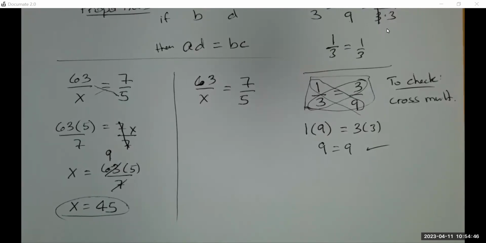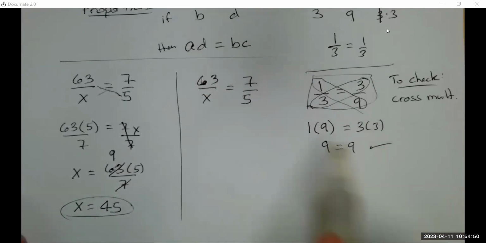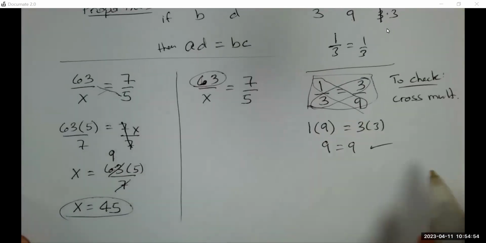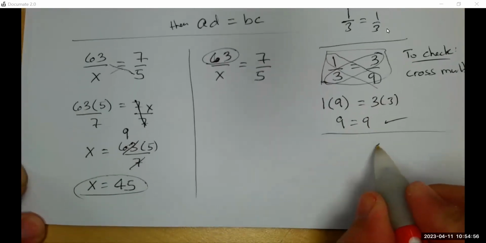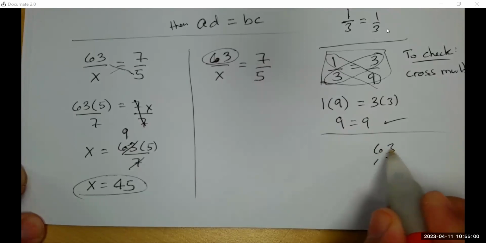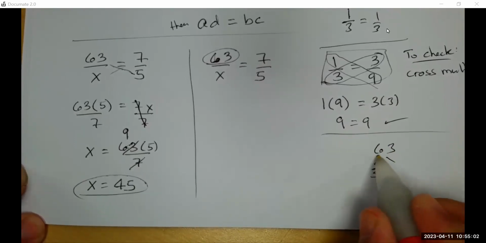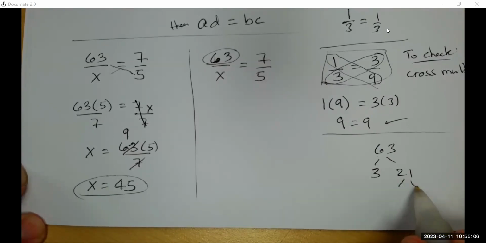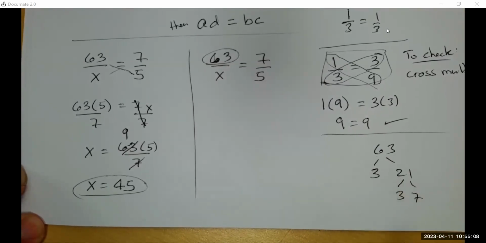There's another way you could have done it. Before you do anything, what is 63 made up of? We know 3 goes in there 21 times. 21 is made up of 3 times 7.